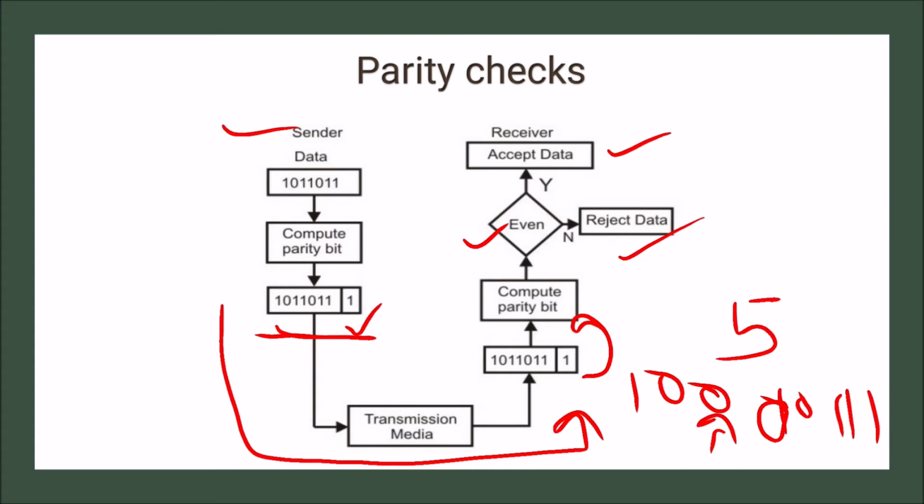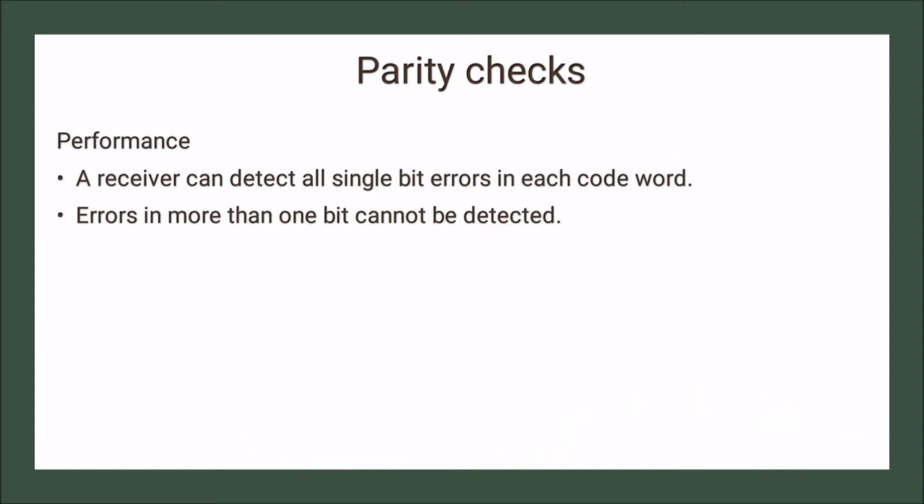The number of ones is even, so it accepts the data, even though the data has an error. It accepts the data because it is a 2 bit error. So it only identifies a 1 bit error, but errors in more than 1 bit cannot be detected in the parity check method.